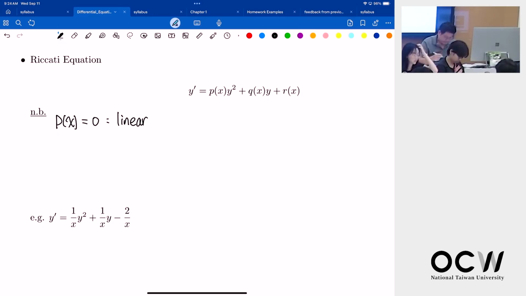If p of x is not 0, then for this Riccati equation, we have the solution y that is S of x plus 1 over z, and we need to find z.